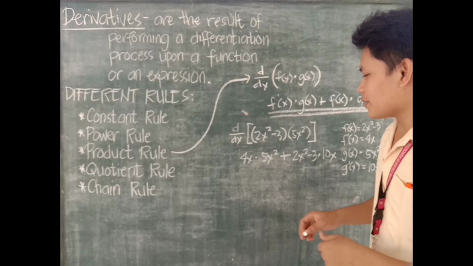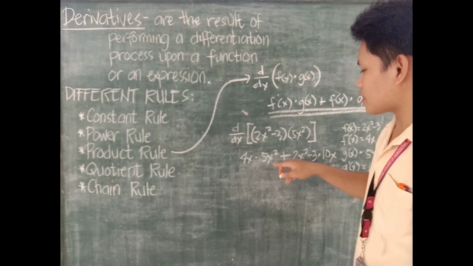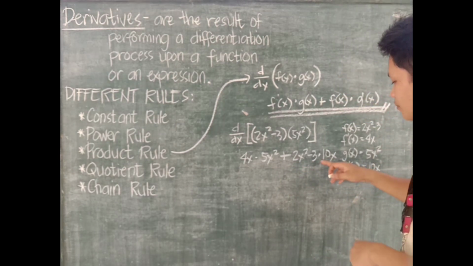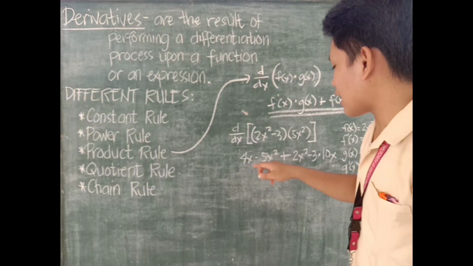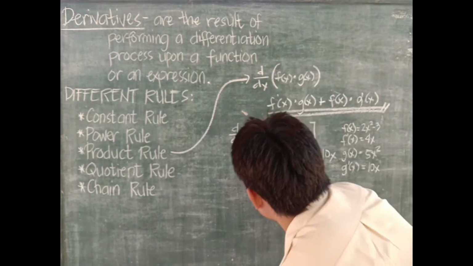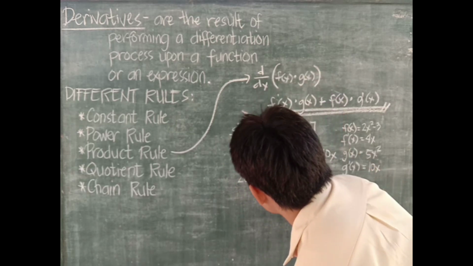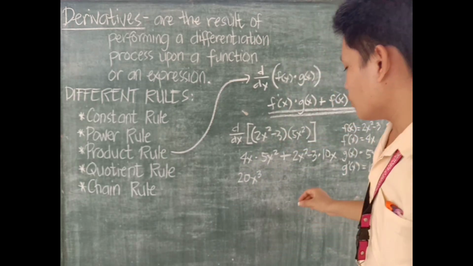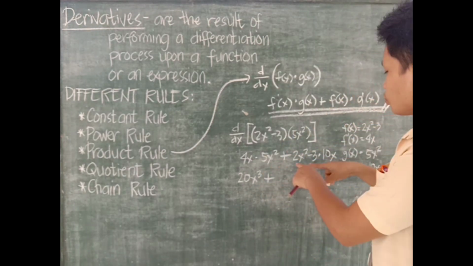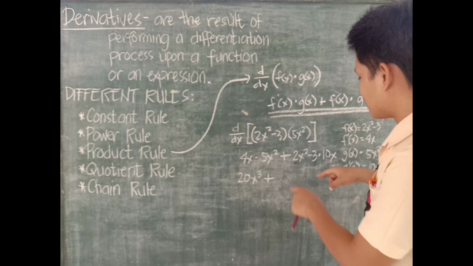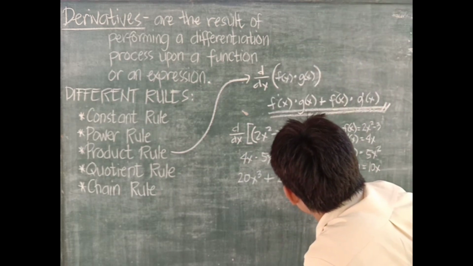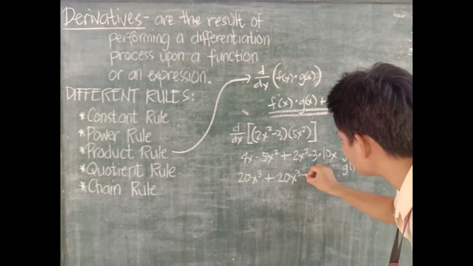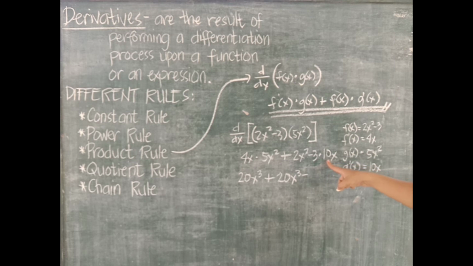Okay, to solve this one, we have to multiply 4x times 5x squared, plus 2x squared minus 3 times 10x. So, first, 4 times 5 is equal to 20x, the exponent 1 plus 2 is equal to 3. So, 20x cubed plus 2x squared times 10x is equal to 20x cubed minus 3 times 10x is equal to 30x.